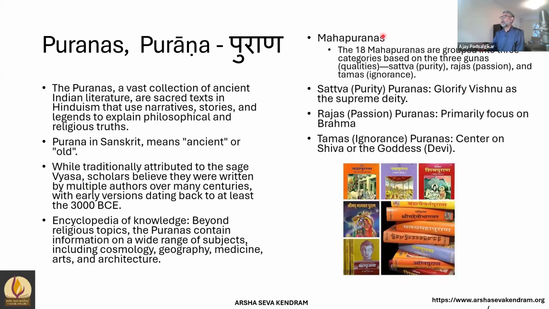So they have been grouped into Mahapurana, so 18 Mahapurana, and traditionally again, they've been grouped into three areas, Sattva, Rajas, and Tamas, according to the gunas. And again, there might be differences between different sects and different denominations within, say Vaishnavites and Shaivites, but anyway, that is not our main focus at the moment. But that is the history of the Puranas.